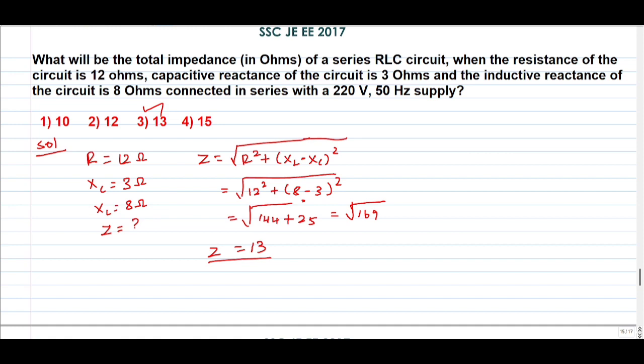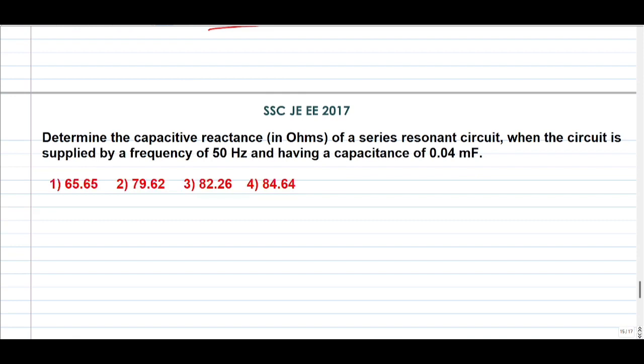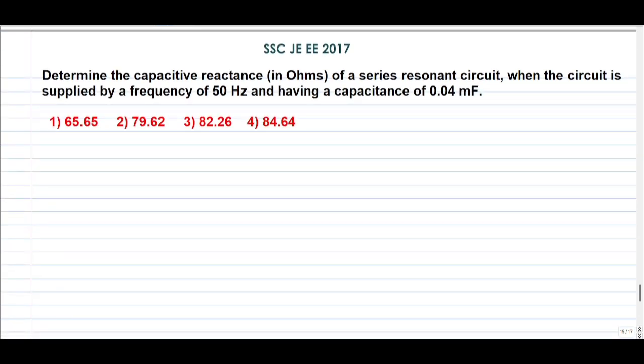Okay, now we will solve the next question. Last and final question. Determine the capacitive reactance of a series resonance circuit when the circuit is supplied with a frequency of 50 Hz and having a capacitance of 0.04 millifarad. Okay, this is the question. Now we will solve this.